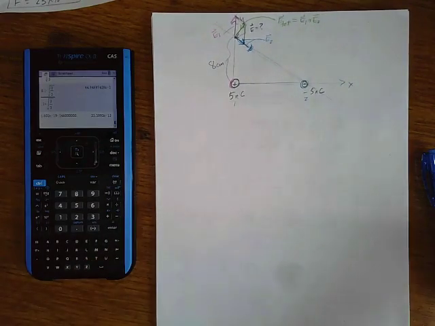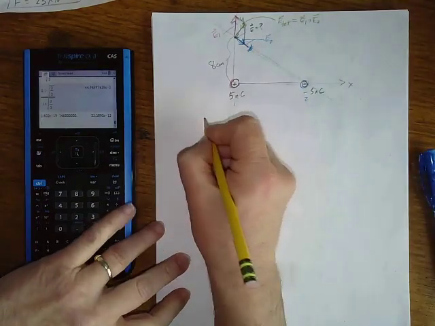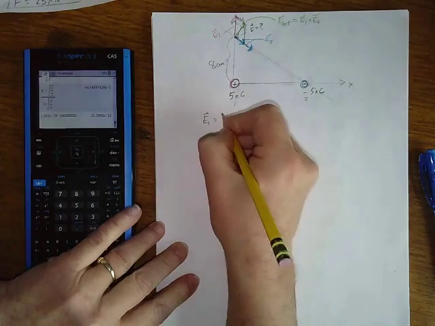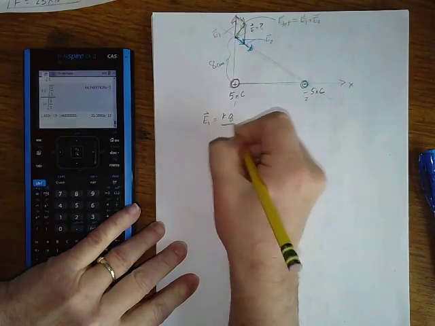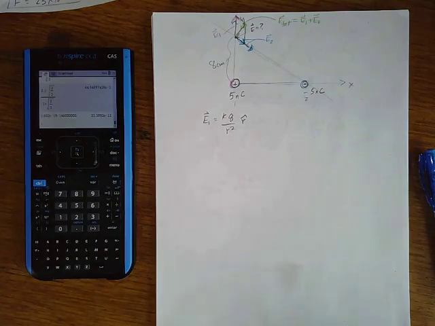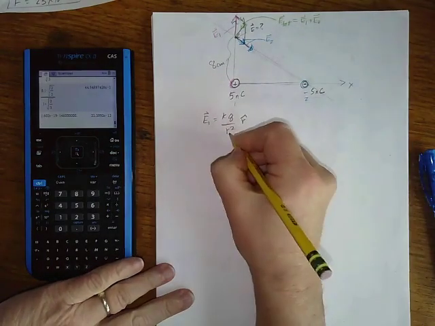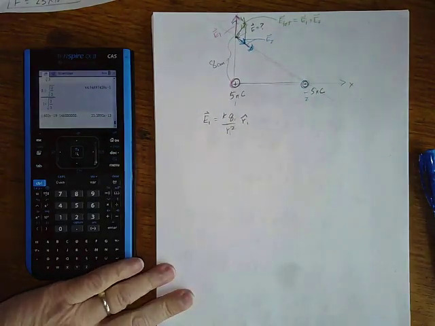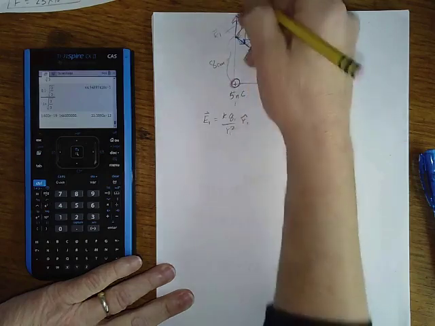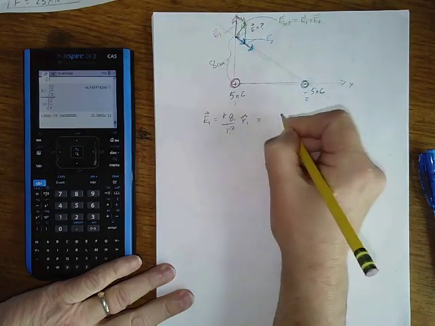Let's figure this out. So E1, and what is E? How do you find E? K Q over R squared times the direction vector, right? I'll put ones on everything except the K, to keep track of what we're doing. In this case E1 is right underneath, so that's going to be nice.